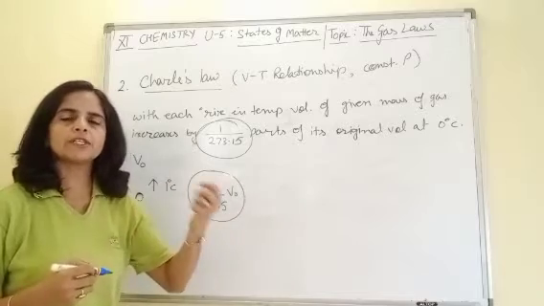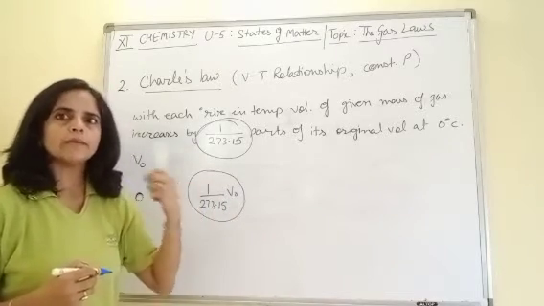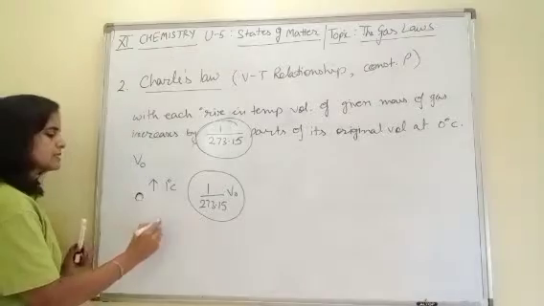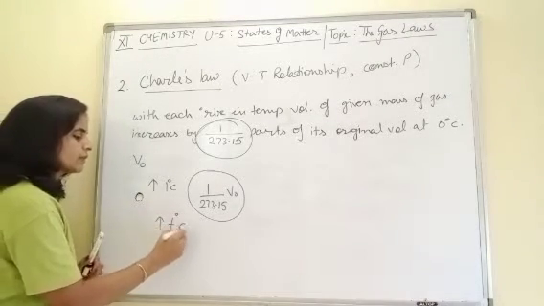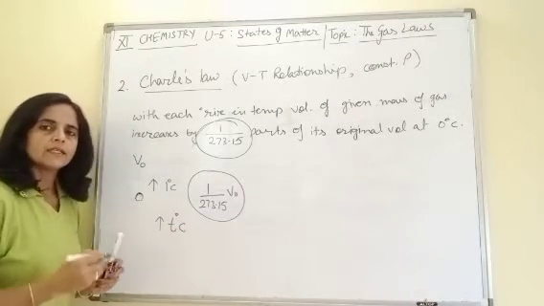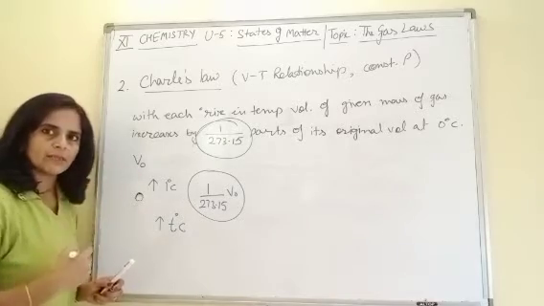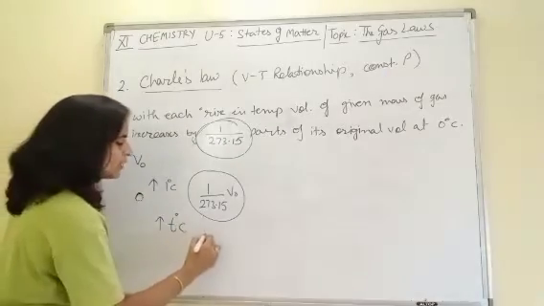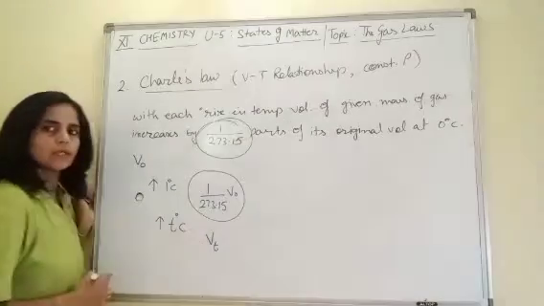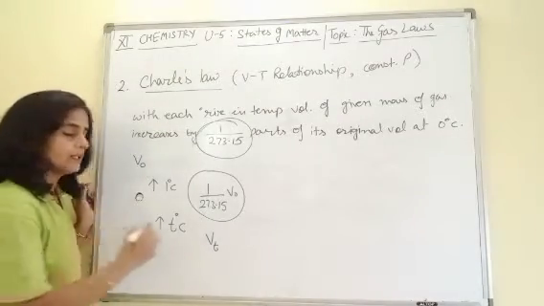Now for a general expression, let us increase the temperature by T degrees Celsius. On increasing this much temperature, suppose the final volume becomes Vt. Now what will be the value of Vt?